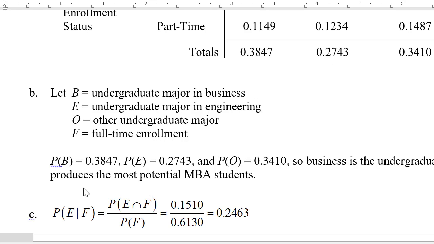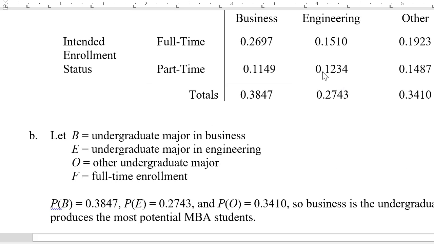We can give each of those a probability by looking at the joint probability up here. So the probability of business is this value, the probability of engineering is this value, and the probability of other is this value. We see that business is the highest, so business majors produce the most potential for MBA students.